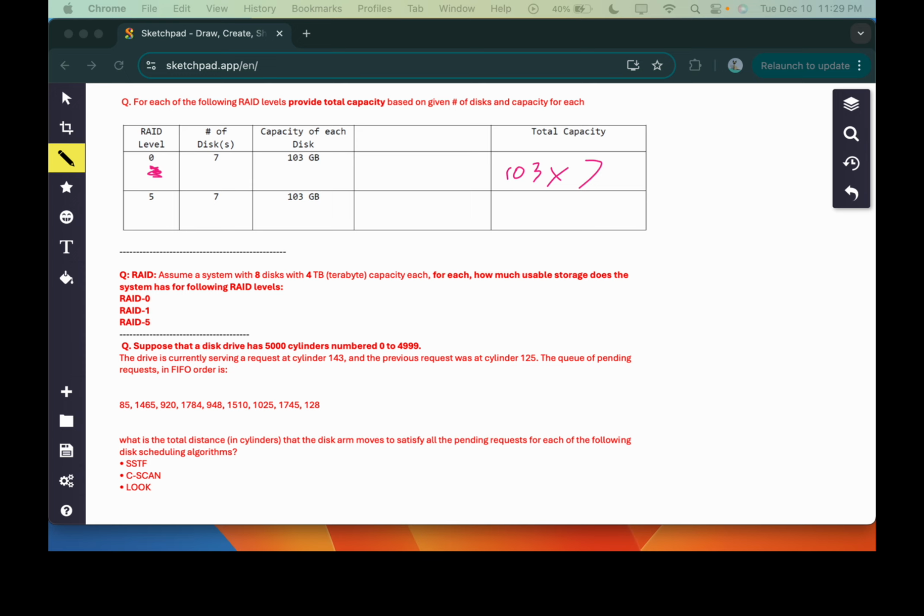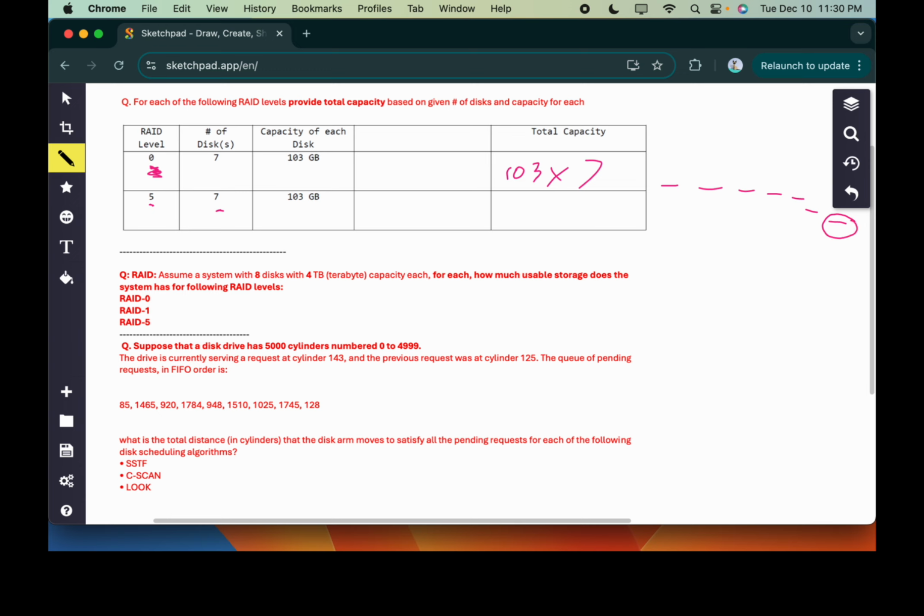Yes, okay. Then RAID level 5 also has 7 disks, but here's the difference. If this was RAID level 4, 2, 3, and 4 always use 1 disk for parity.